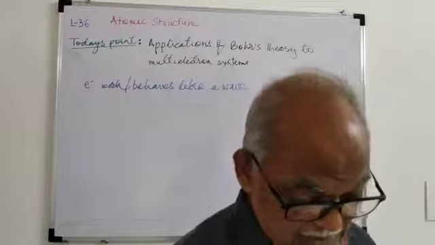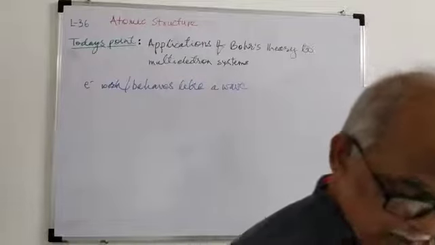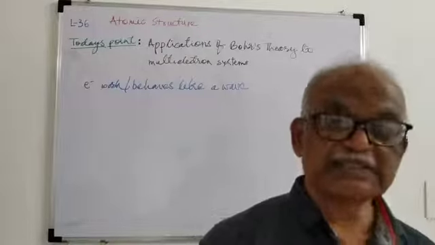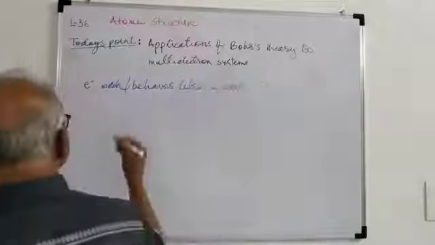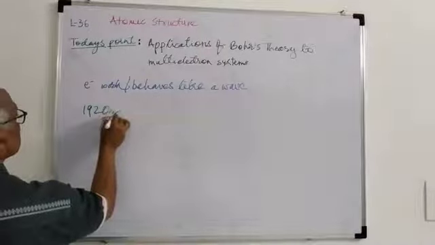This concept was made clearer, or can be described, by de Broglie's equation in the 1920s.